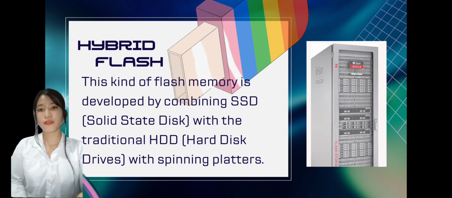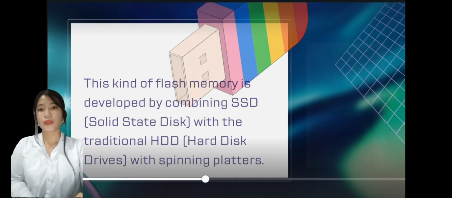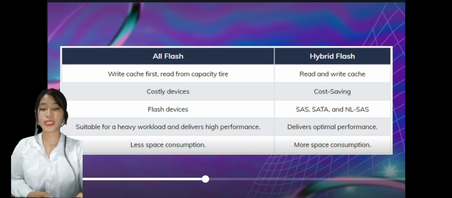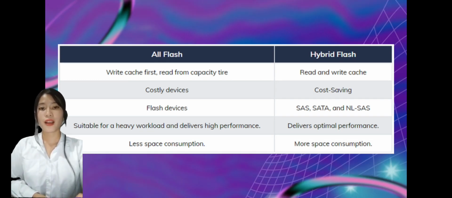So hybrid flash arrays, as the name suggests, have an HDD and an SSD component, whereas all-flash arrays or AFAs have purely solid-state storage. The all-flash can write cache burst from the capacity tier, uses costly flash devices, is suitable for heavy workloads, and delivers high performance with less space consumption.